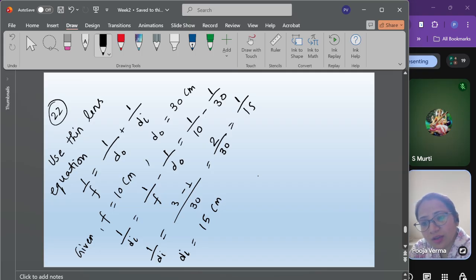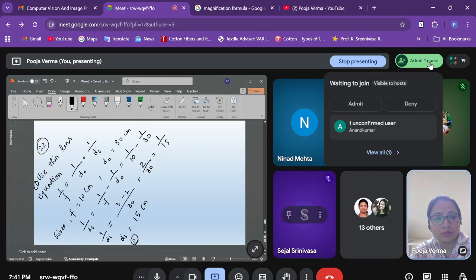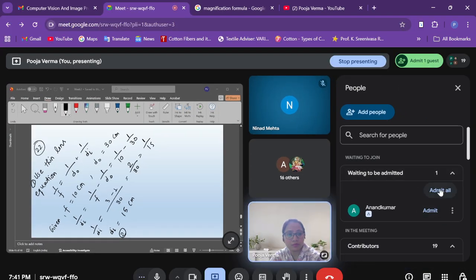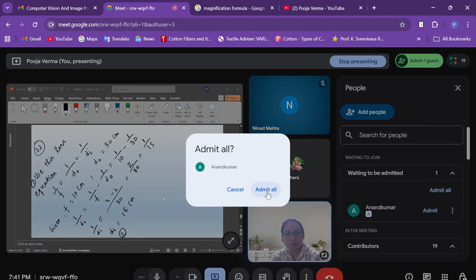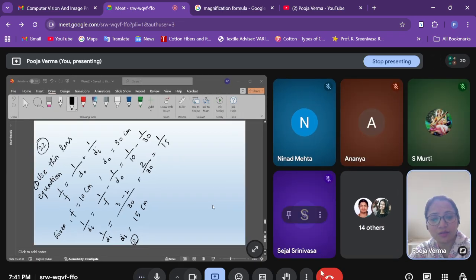Now, this is the second part of question number 22, to calculate the magnification. So what is the formula to calculate the magnification?